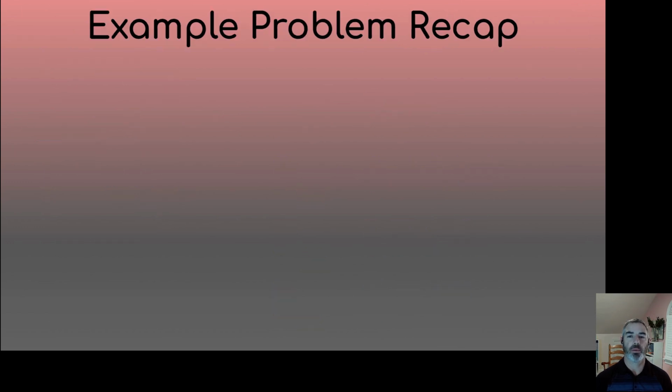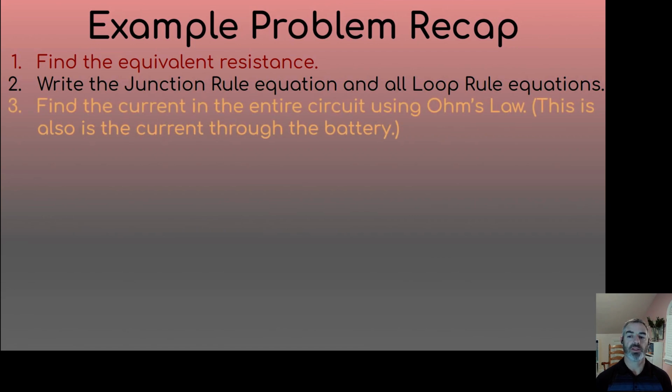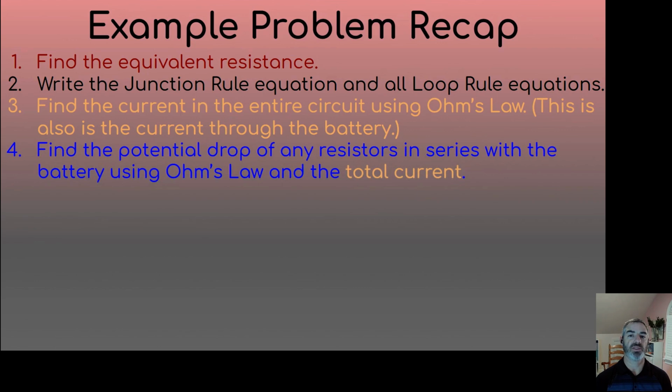So let's recap the problem and look at the steps that we followed. First thing we did is we found the equivalent resistance for the whole circuit. Then we wrote our junction rule equation since we had one junction, and our loop rule equations, which we had two loop rules. Finally, we found the current in the entire circuit using Ohm's law. That was the current going through the battery as well. Then we found the potential drop of any of the resistors that were in series just using Ohm's law and the total current.